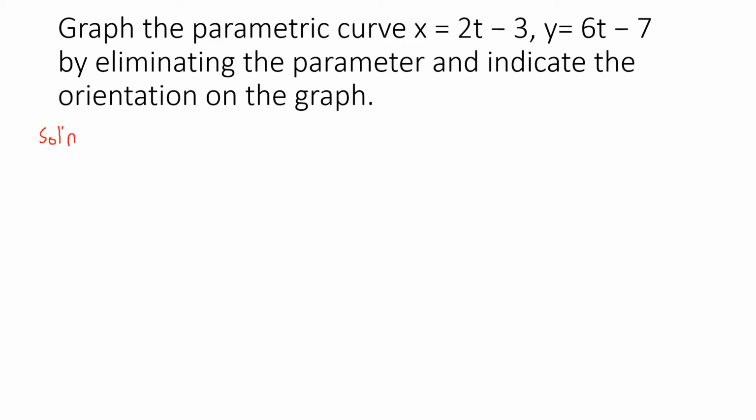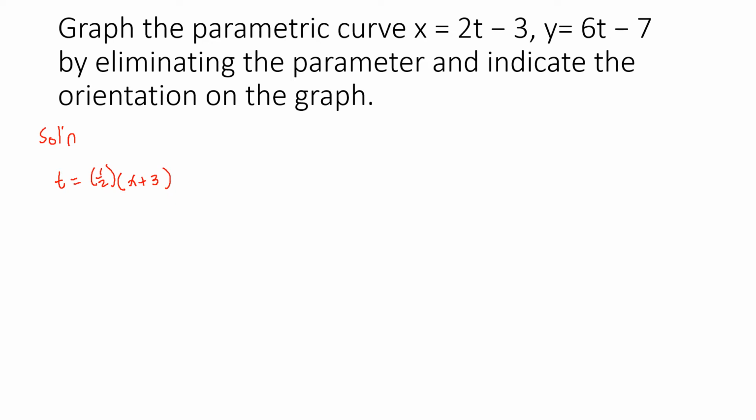to eliminate the parameter, we will solve the first equation for t as a function of x. Then substitute this expression for t into the second equation. So you have t is equal to 1/2 times x plus 3.